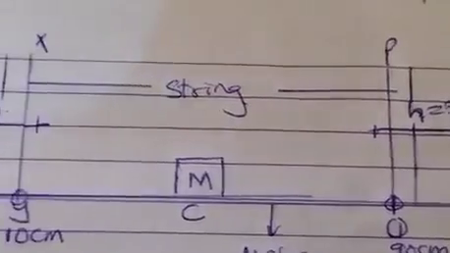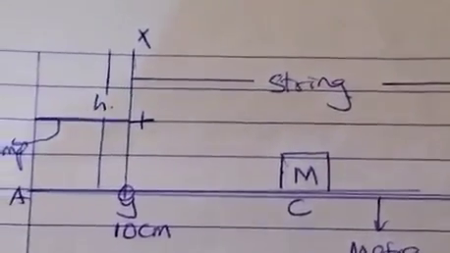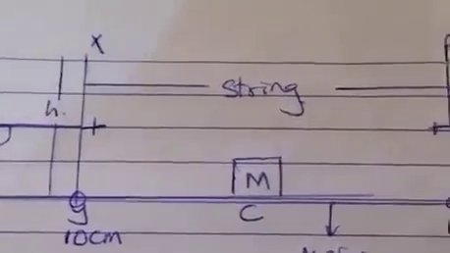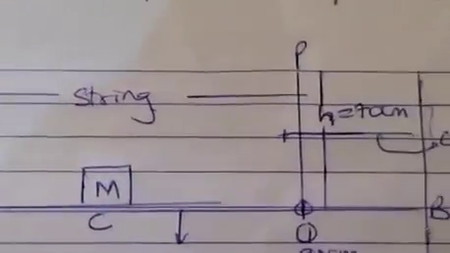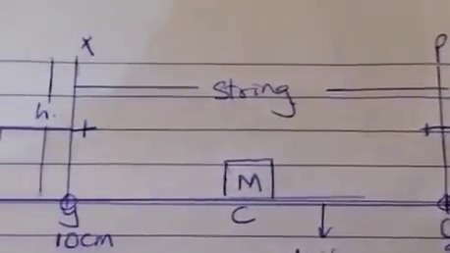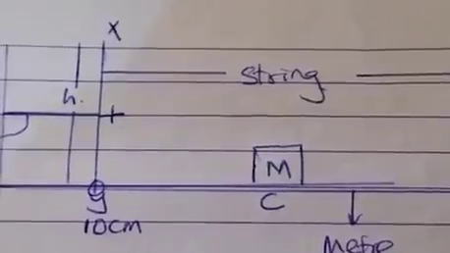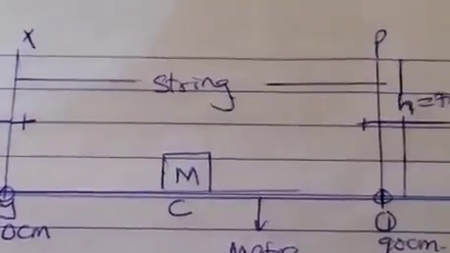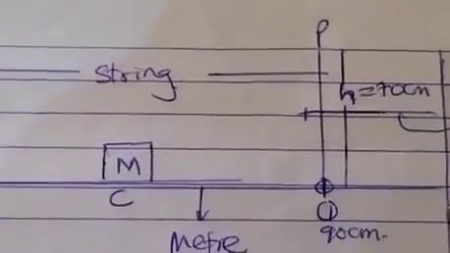The strings are maintained at a height or length H of 70 cm, so equal height on both sides. And this height, 70 cm, is kept constant throughout the experiment.